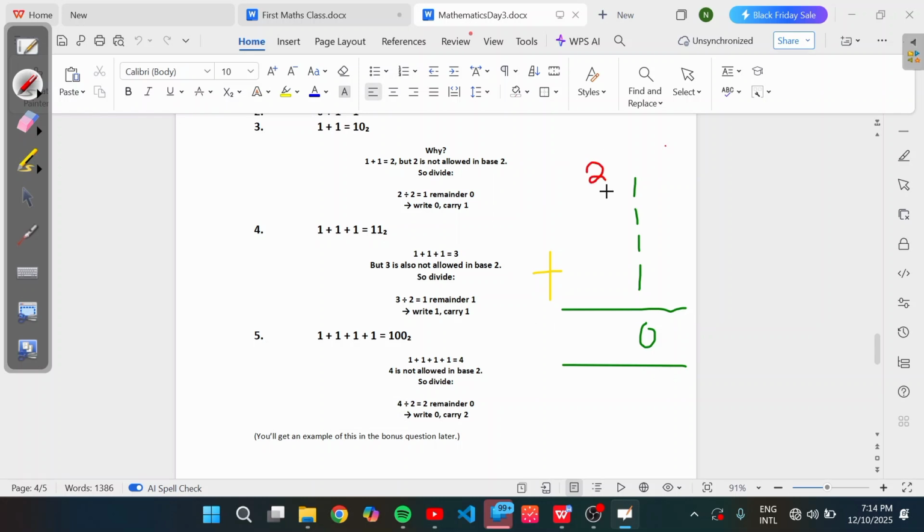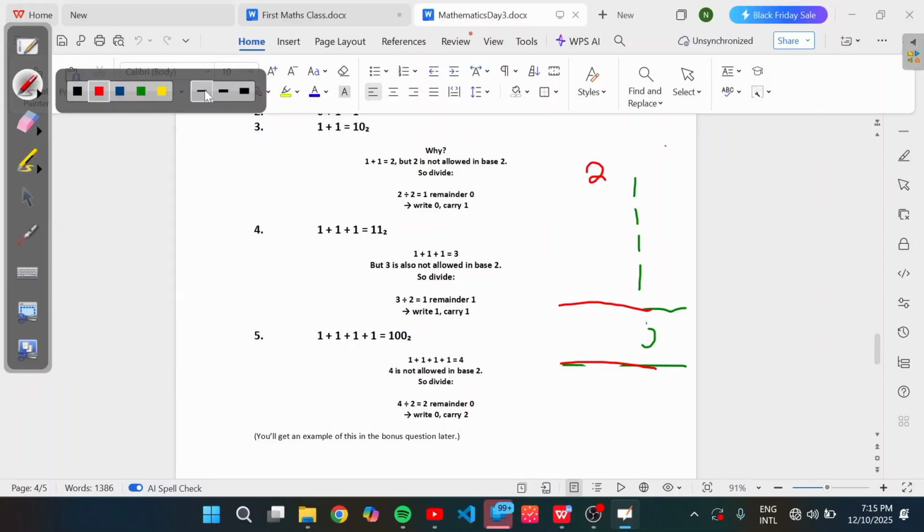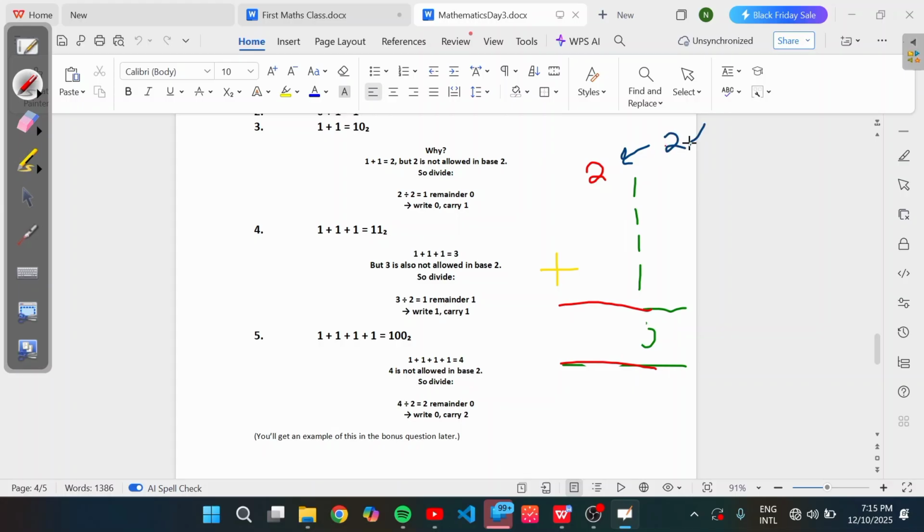Now, unlike the previous ones where we just drag it down, we can't do that. Why? Because it's not following the rules of base 2 having only 1s and 0s. So what are we going to do? Very simple. We're just going to do like we've always done. Divide it again. So this 2 over here, we're going to divide it by 2.